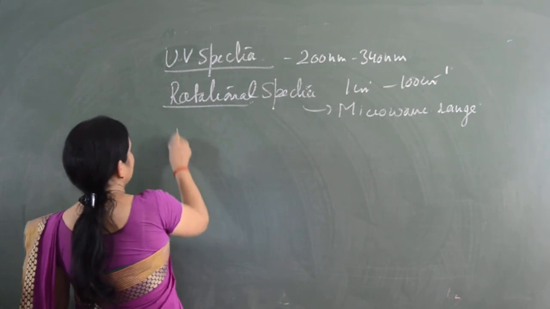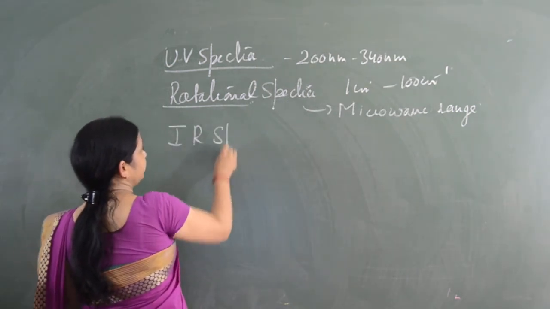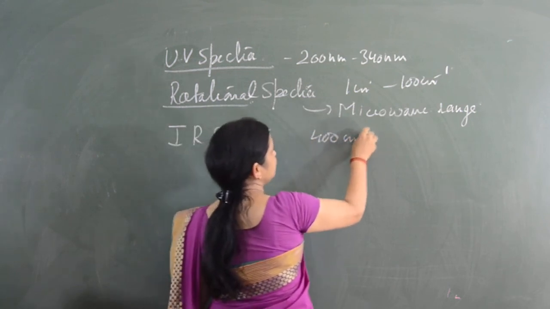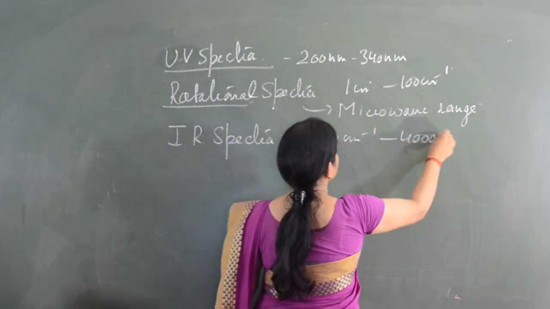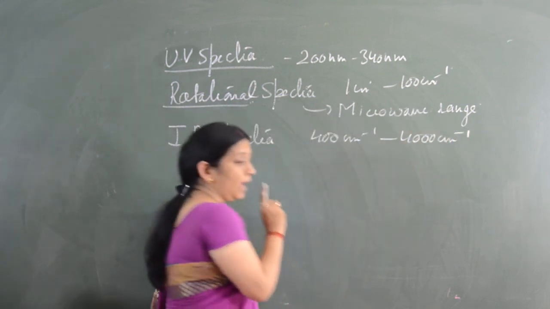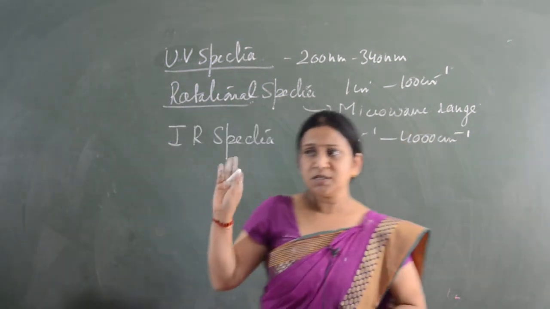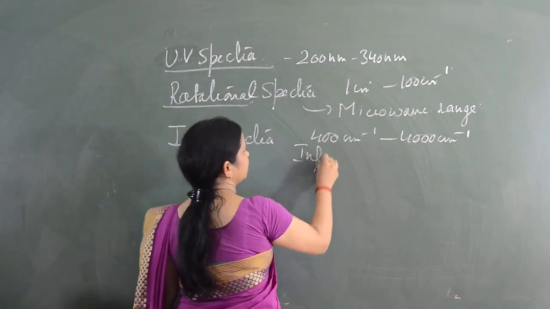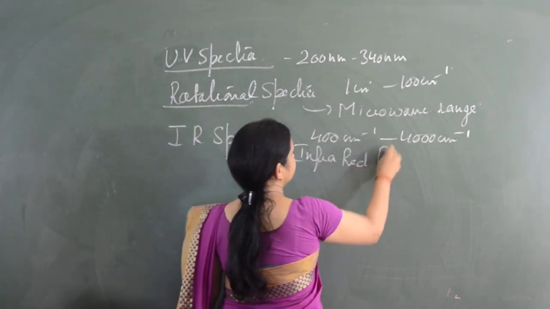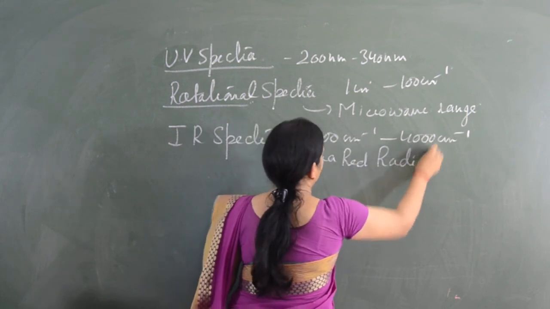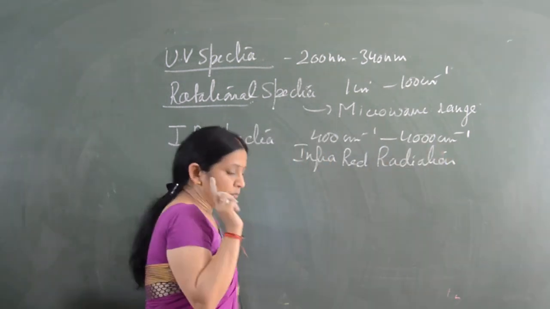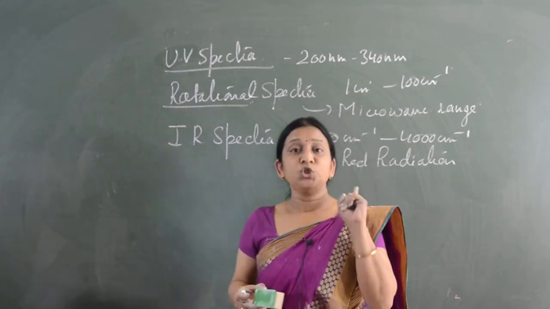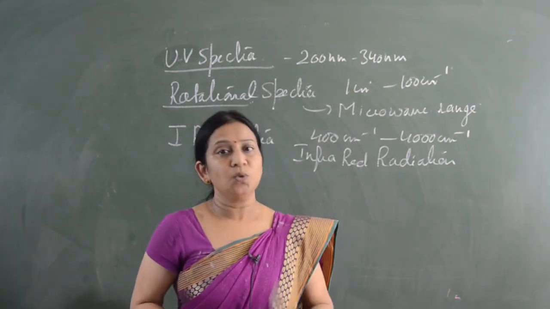If we come to IR spectra, the range of IR spectra is 400 centimeter inverse to 4000 centimeter inverse. And as the name suggests, the radiation which we use is infrared radiation. IR spectra is given by molecules which have a permanent dipole moment, which changes when the molecule undergoes vibration.